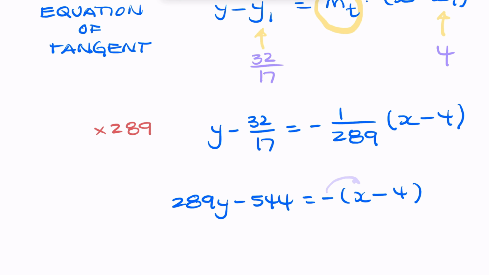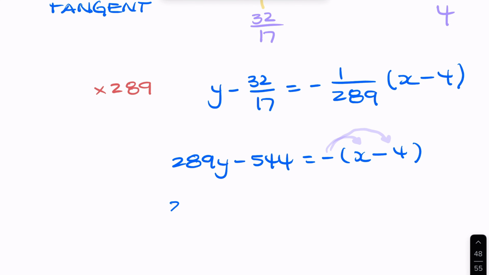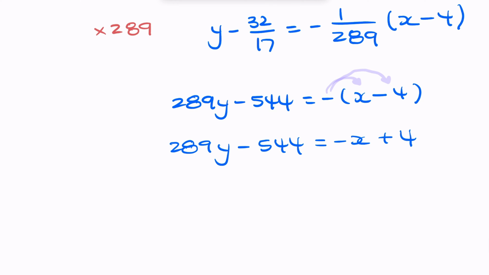Now you simply expand the brackets and rearrange. So you have 289y minus 544 equals negative x plus 4.